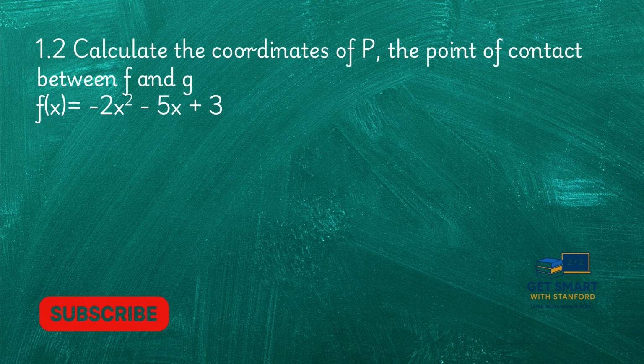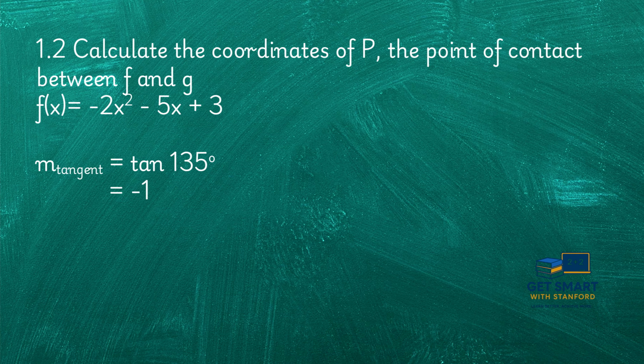In question 1.2, the examiner wants us to calculate the coordinates of P. That is the point of contact between the graph of f and g. Given the angle 135 degrees, we can calculate the gradient or the slope of the straight line, which is -1.